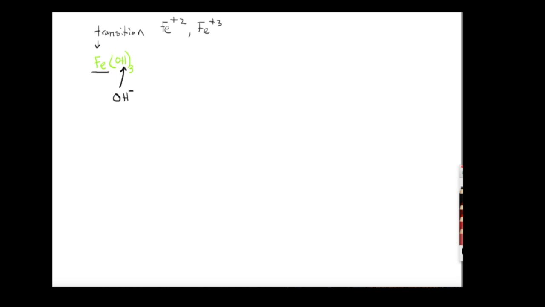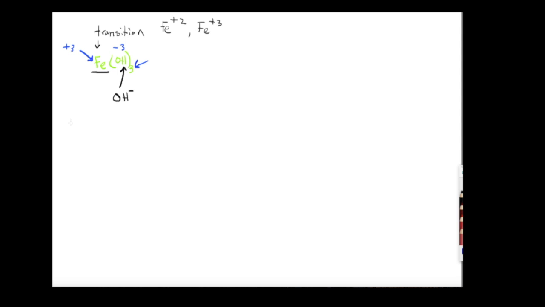And you can see from the chemical formula that there are 3 of them in the parentheses. So that means the net charge of everything that's in the parentheses is going to be minus 3. And that makes the iron here plus 3 because these two values have to sum to 0.